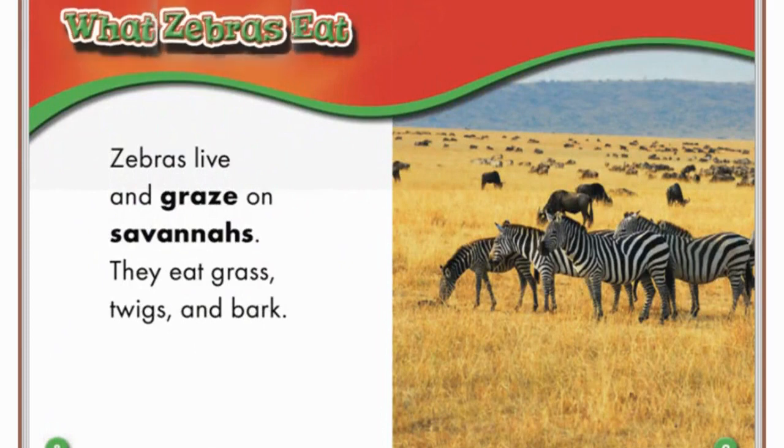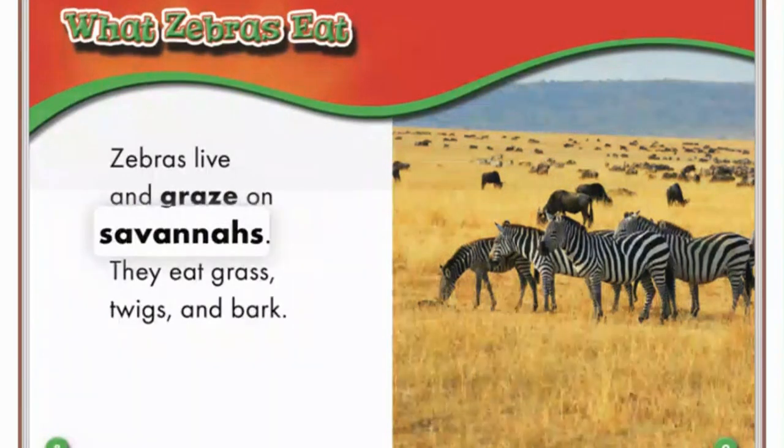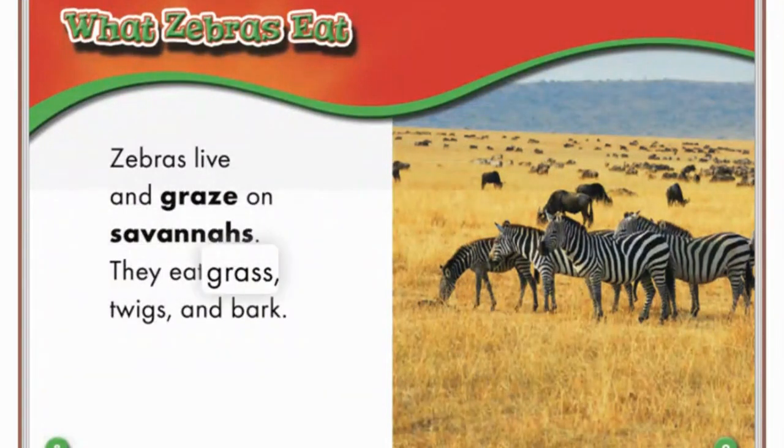What zebras eat? Zebras live and graze on savannas. They eat grass, twigs, and bark. Wow, so now I know that zebras eat grass, twigs, and bark, and I don't have to look any further to find the answer to my question.